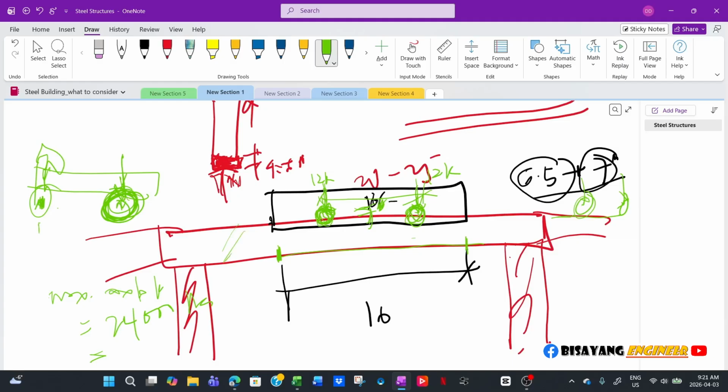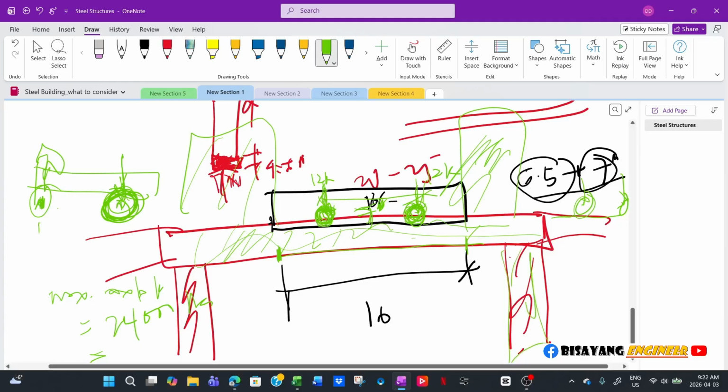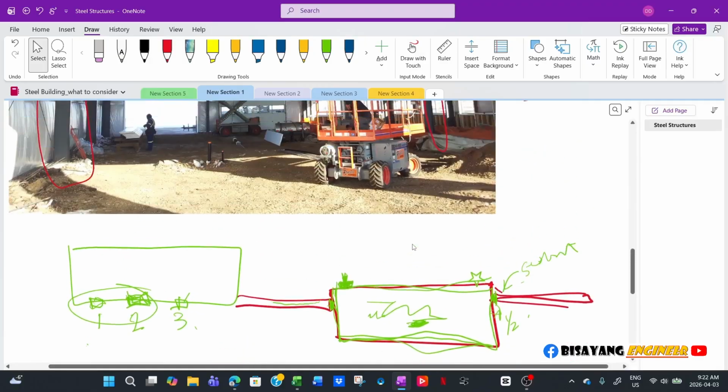Because if this grade beam is just designed for walls, say there's a wall here and a wall just over the door, and you only consider the weight of this wall for loading this one, no. Like I said, a vehicle is way heavier than your walls, so sometimes this dictates the final sizing of your grade beam, and at the same time your foundations, your piles. So these are the things that you have to consider when designing a structure.